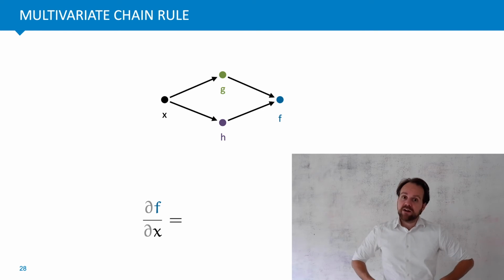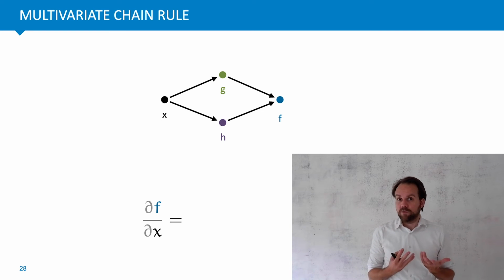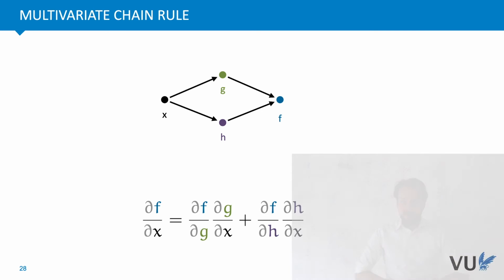The normal chain rule doesn't help us here, but what we can use is something called the multivariate chain rule, which basically tells us to apply the chain rule over one of these paths. So we apply the chain rule over g, treating h as a constant, and we add to that the chain rule applied over h, treating g as a constant. So it looks like this.